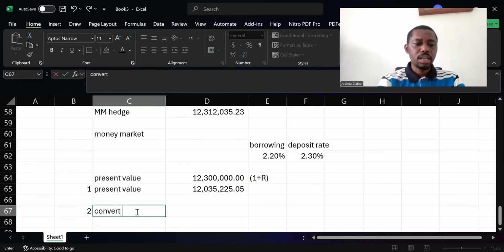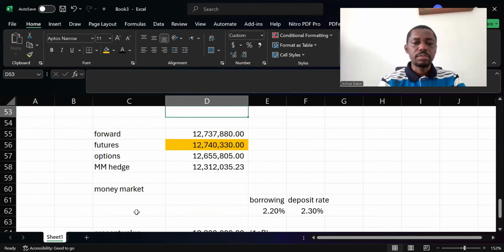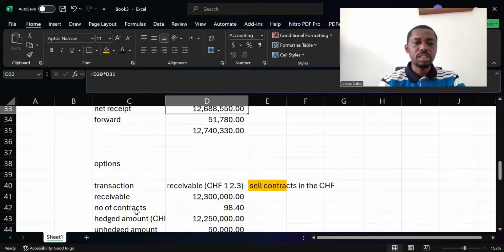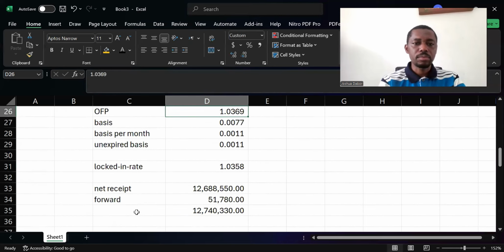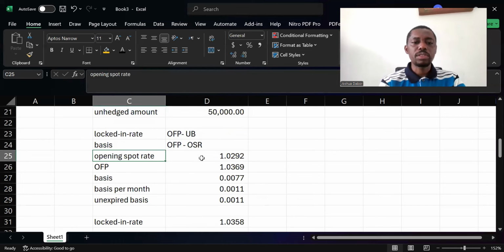Convert at the spot rates. So you are using the spot rates to convert, to do the conversion. Okay, so what is the spot rates? We have the spot rates already here. So opening spot rates is this.